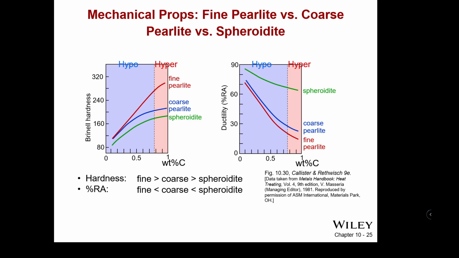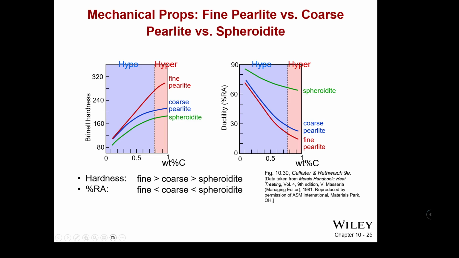Fine pearlite, there's not a lot of movement at those grain boundaries, and that's why they are harder to move the grains around. That ductility is the inverse. So spheroidite is always high in ductility, regardless of the alloy, compared to fine pearlite. So they're always going to be polar opposites.